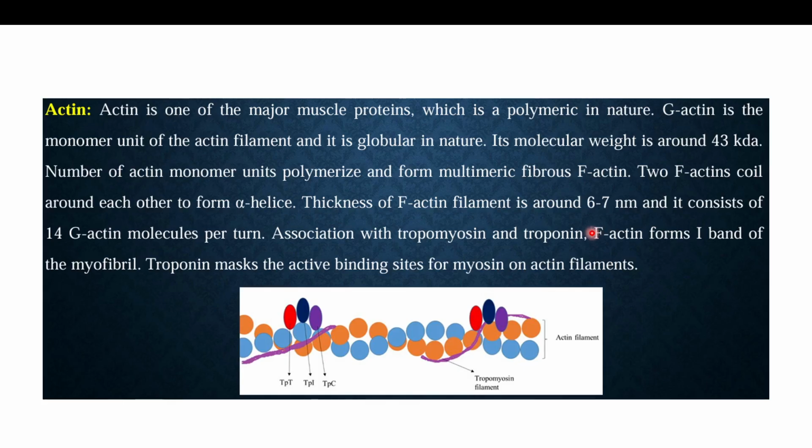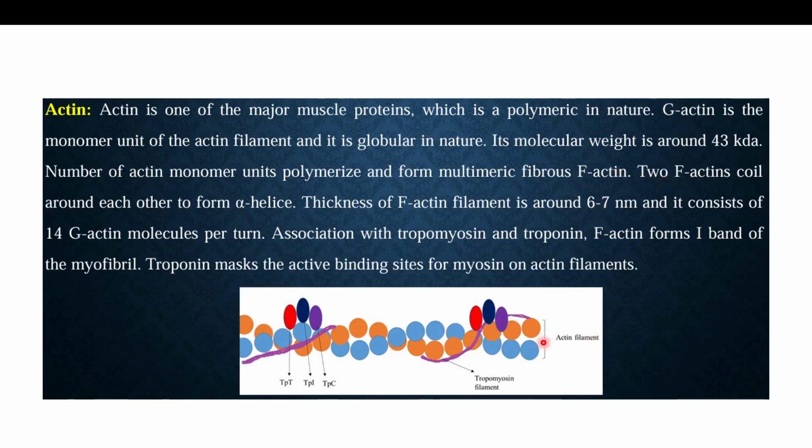Okay. Now, if we talk about the actin filament, which is the thin filament, it is one of the major muscle proteins. It is polymeric in nature. The monomeric unit is the G actin in case of actin filaments, and it is globular in nature. The individual G actin monomer weighs around 43 kDa, and multiple G actin can polymerize to form a multimeric fibrous F actin or filamentous actin.